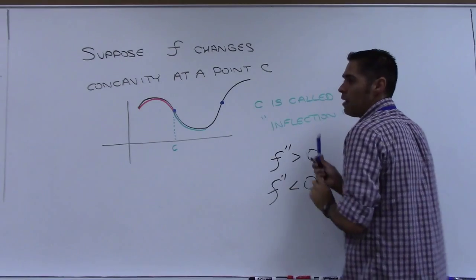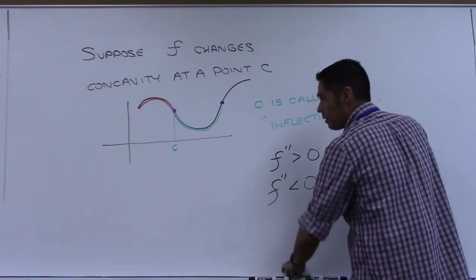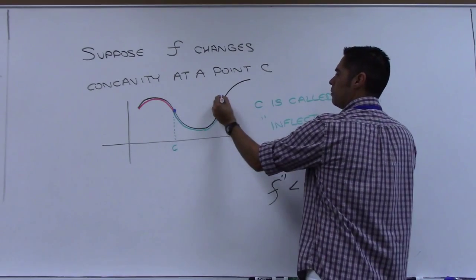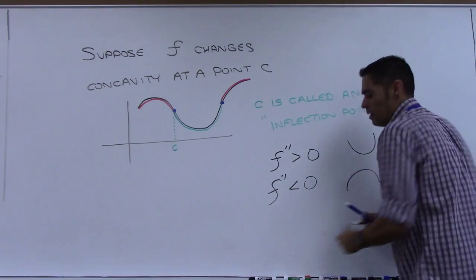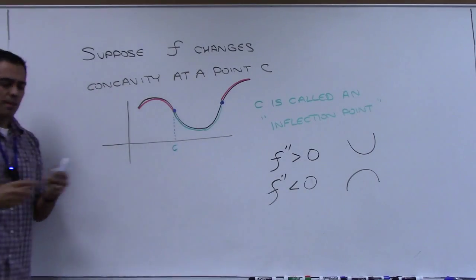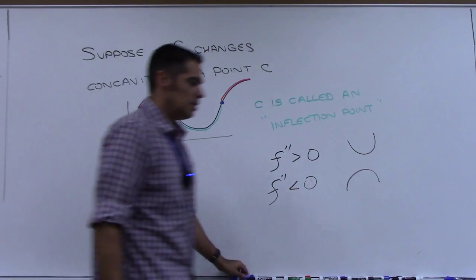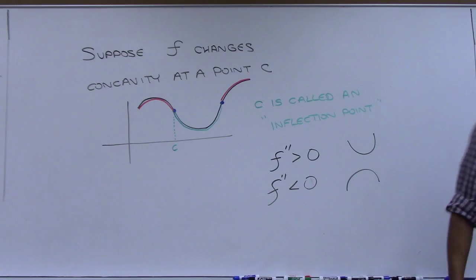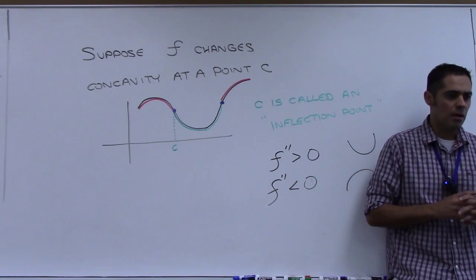Because that's where this smile would turn into a frown. So anywhere where there's a change in concavity, we call that an inflection point. All right? And it's an important point for us. We like that point. It tells us something about the graph. All right? Any questions?